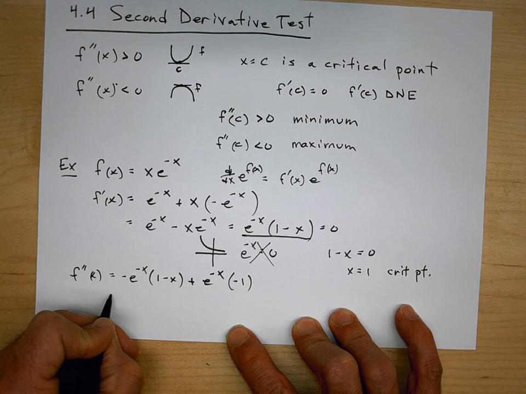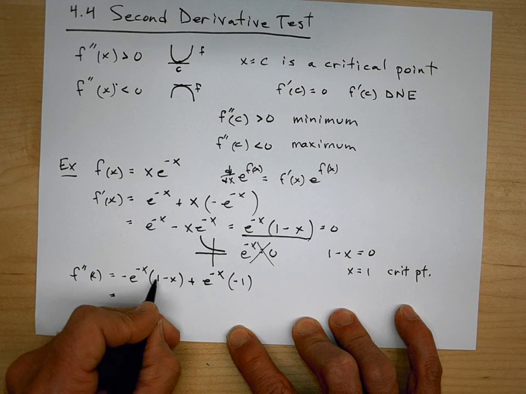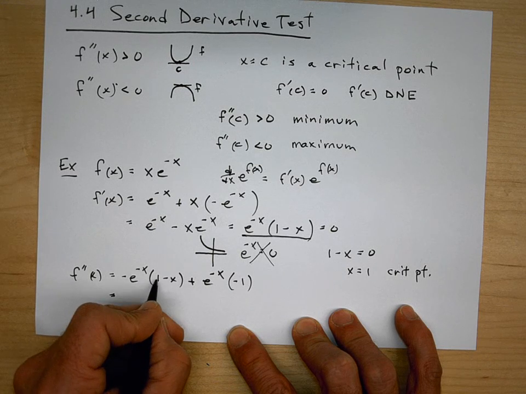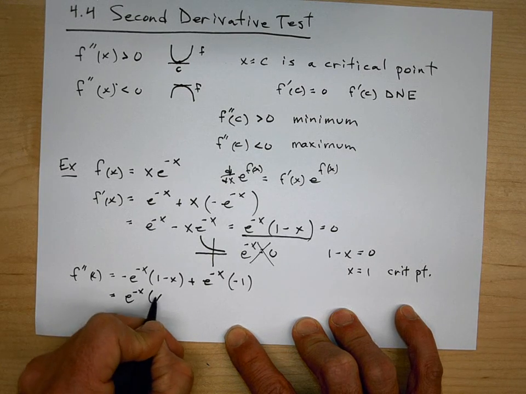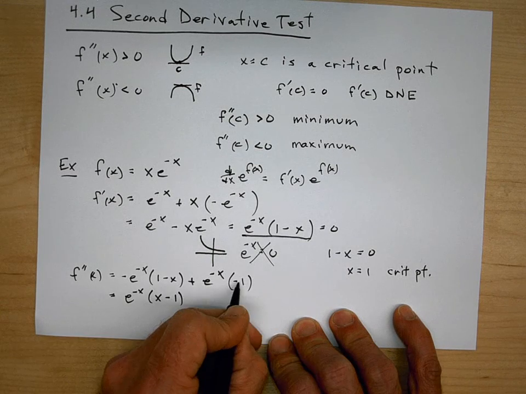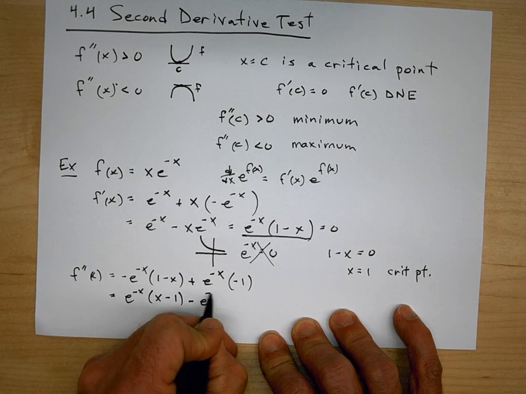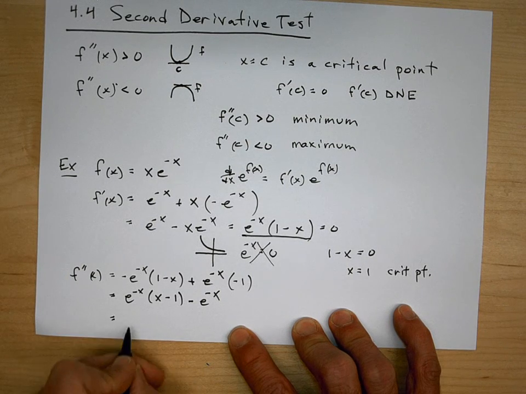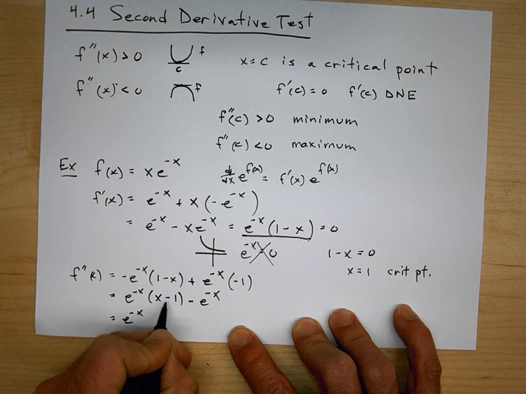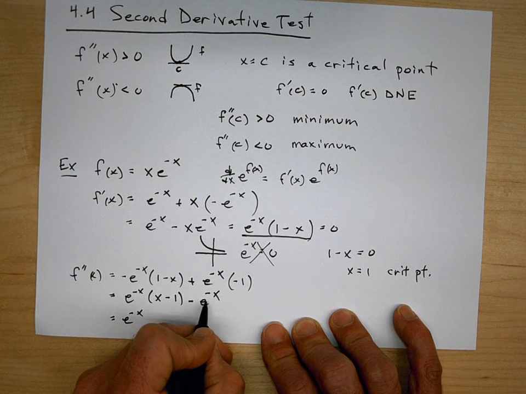All right, so let's clean this up a little bit. I'm going to bring this negative in here, so if I distribute it to the 1, that becomes negative 1, that becomes positive x, so I have e to the negative x times x minus 1, and that's just going to be minus e to the negative x. One more time, I'm going to pull this e to the negative x out. I'm going to factor it out of this term and out of here.